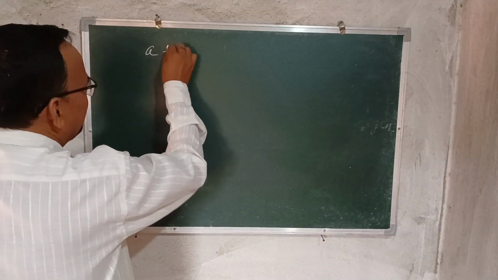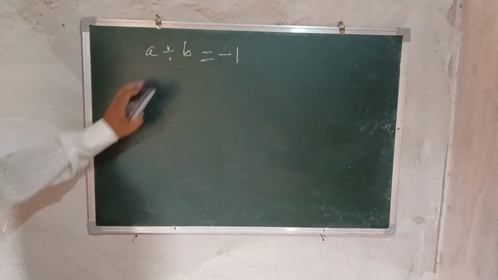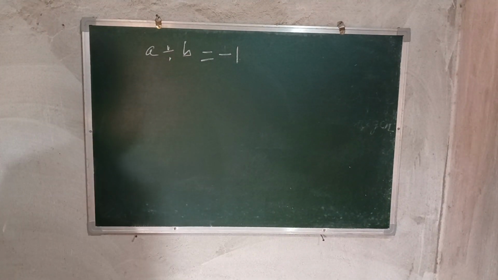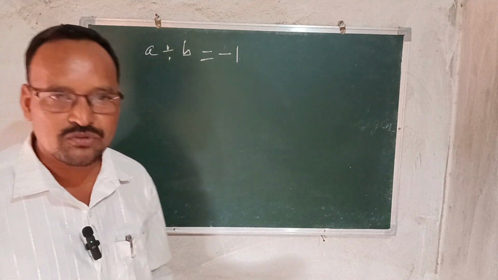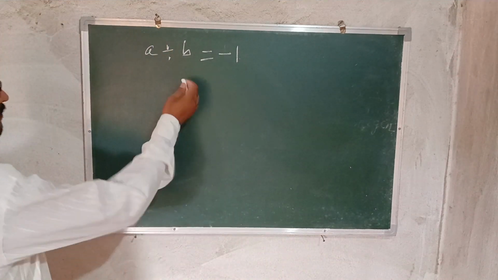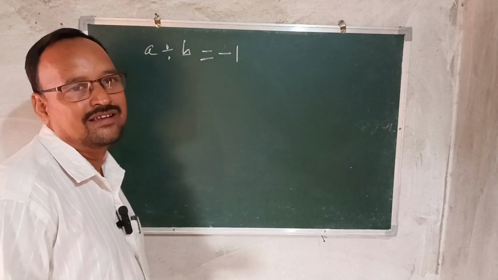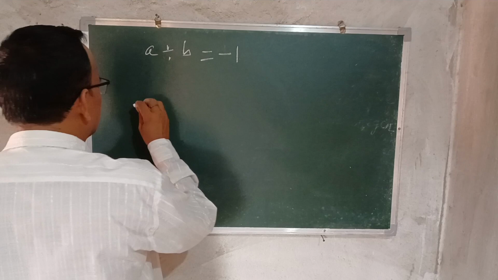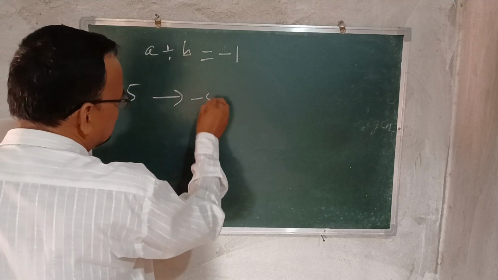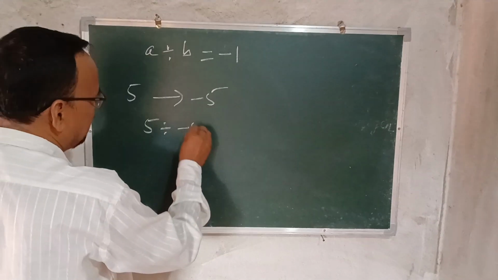If A divided by B is equal to minus 1, then what is the relation between A and B? B is the additive inverse of A. Suppose the additive inverse of 5 is minus 5. We divide A divided by B: 5 divided by minus 5.